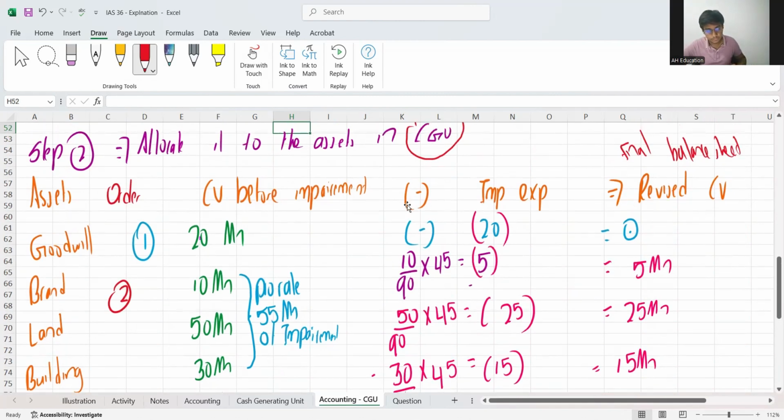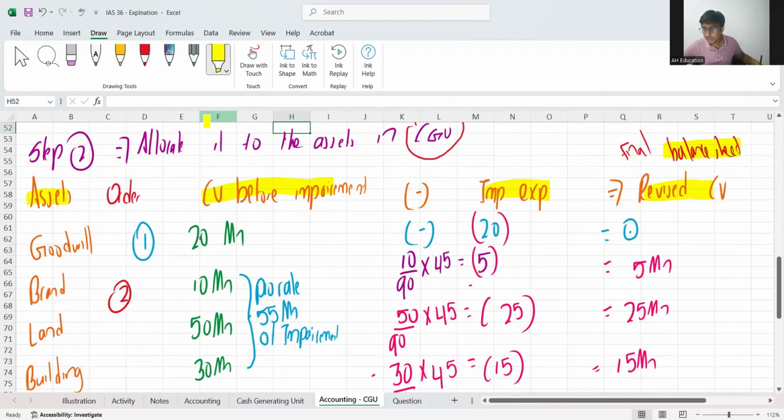The format consists of assets, your carrying value before impairment, the relevant impairment expense, and your revised carrying value. The revised carrying value is the value you will finally show in your balance sheet after all the revisions. This is the final figure.